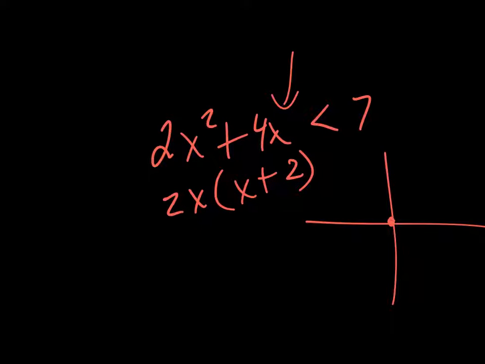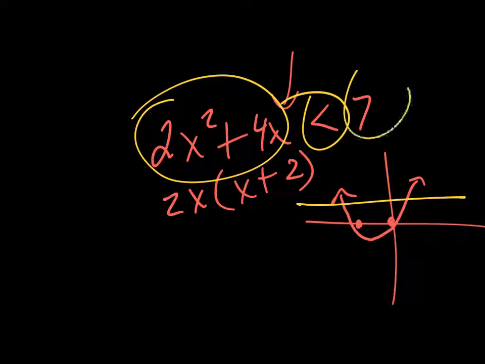And then I go, oh, 0 and negative 2 are my two spots. This is how it would look before I move the 7. And then there's a line at 7. So I'm going to draw a line through at 7. And it's like, when is the parabola less than 7? And basically, it's in that whole zone where the parabola is less than 7. And I'd need to figure out what those two key spots were. Those are called the roots, the zeros.